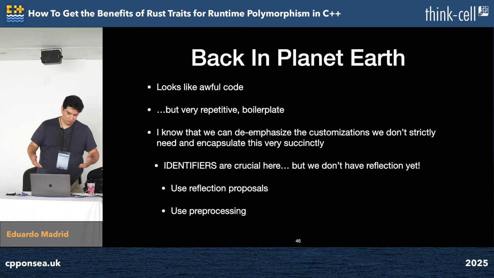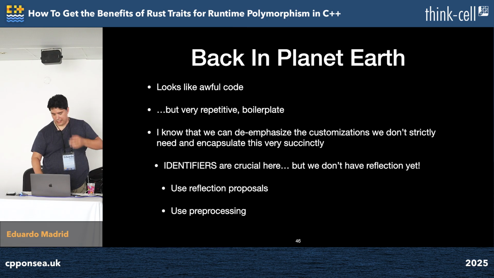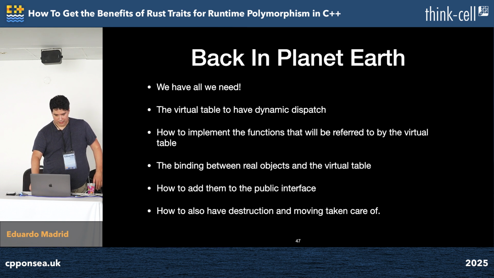And I have done preprocessing for these things for some organizations that use this code. I know that it works. I know that it's a practical solution, but it is preprocessing, and preprocessing is always an asterisk that I would rather remove than leave there.